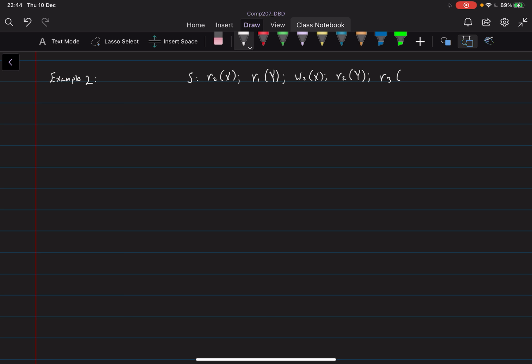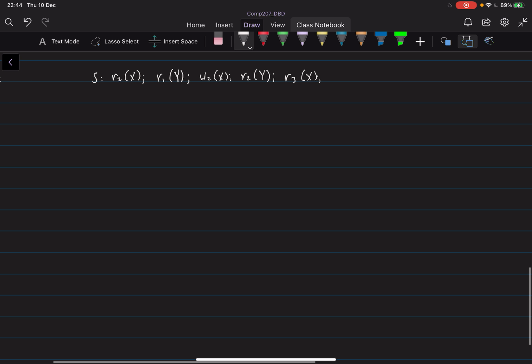R3 on X, and then we will have W1 on Y. Then we will have W3. We have 3 things here, which means 3 nodes. Then we have W2 on Y.